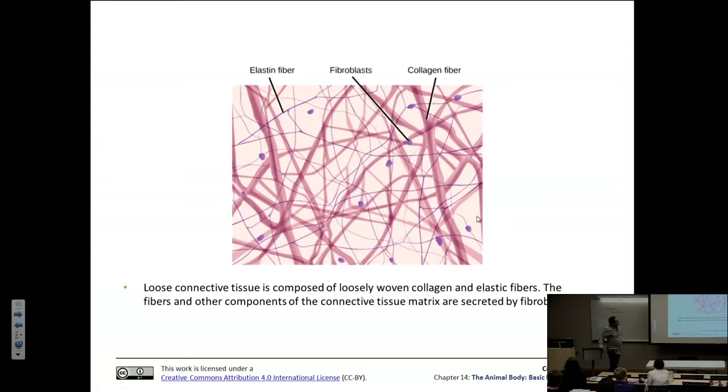The cells you see there, the fibroblasts, are the ones that would make those collagen molecules. The cells of the connective tissue make the matrix. But they kind of give up after a while.